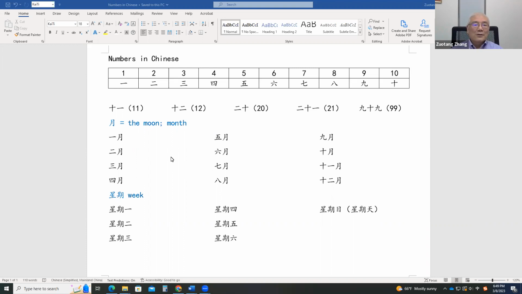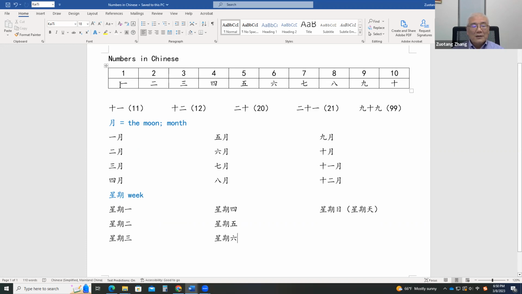So first of all, let's look at the numbers in Chinese. The numeric numbers, in Chinese, we call them 阿拉伯数字, which means Arabic numbers, are displayed up there. And the corresponding Chinese characters are placed right underneath.